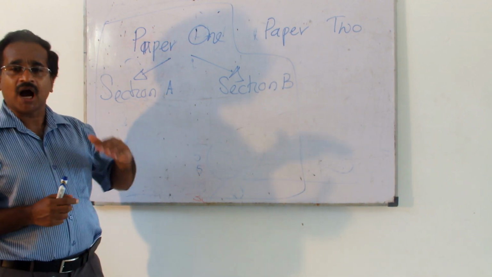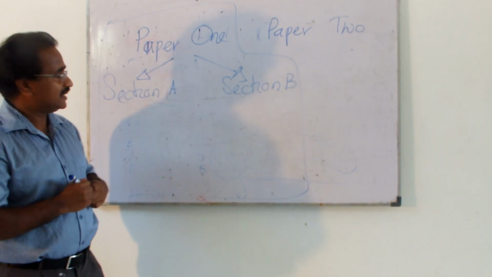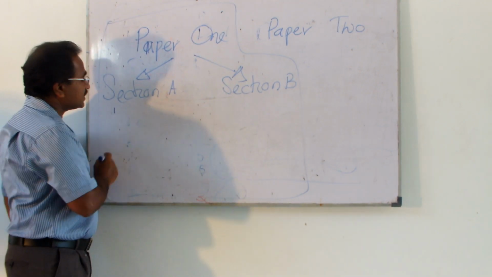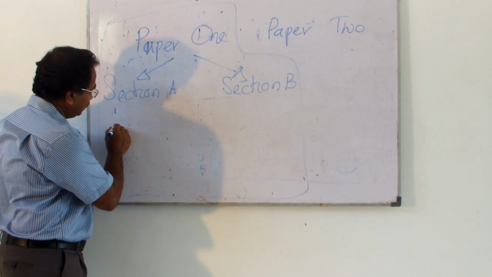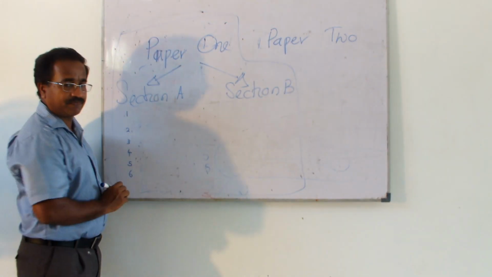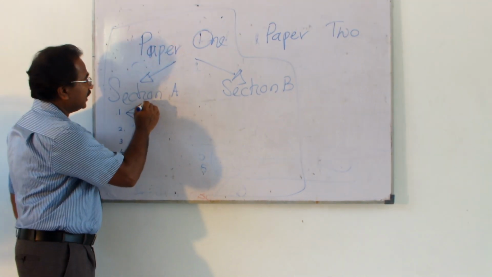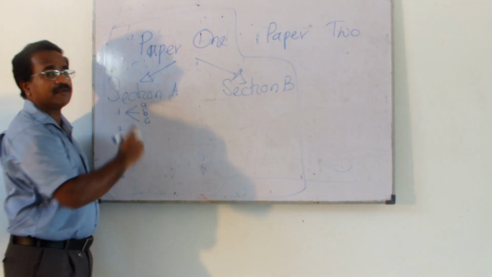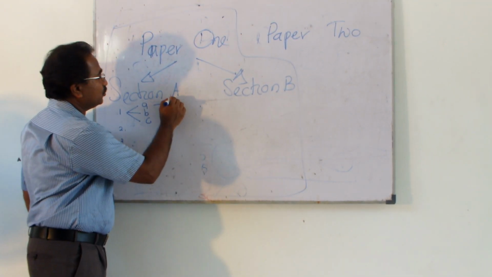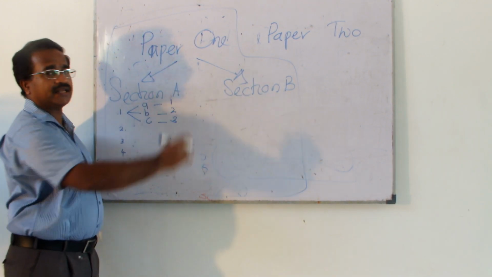So let's see how marks are given for the paper 1. Section A, there are 6 questions. 1, 2, 3, 4, 5, 6. Each question has A, B, C, 3 parts. So A, you get 1 mark, B, 2 marks, C, 3 marks.